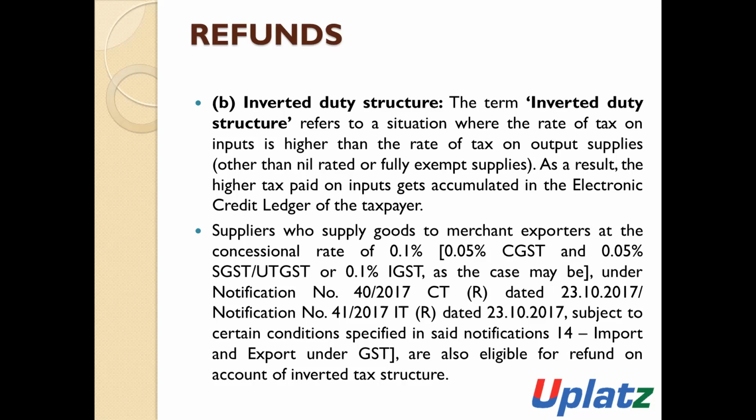As a result, higher tax paid on the input gets accumulated in the electronic credit ledger of the taxpayer. Due to this, the amount of ITC will be accumulated in the electronic credit ledger.